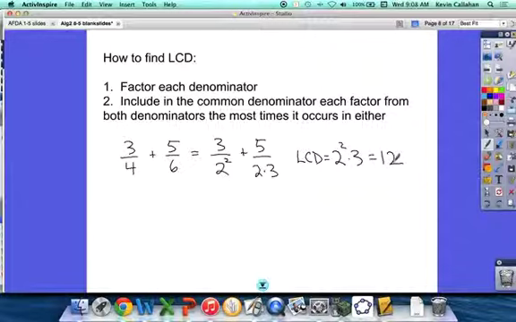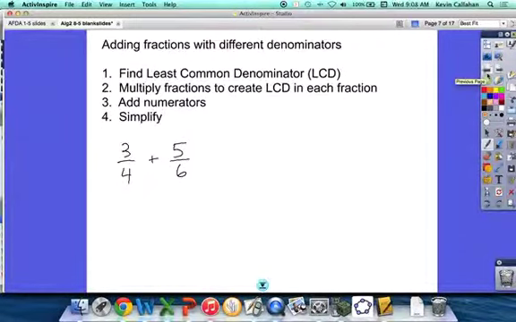Right? So finding the LCD is going to be more complicated than just, well, we're going to multiply this denominator times that denominator, and that will be the least common denominator. That's always a common denominator, but it might not be the least. So let's see. Once we've established that 12 is the least common denominator, what am I going to multiply the first fraction by in order so it has a denominator of 12? 3 over 3.